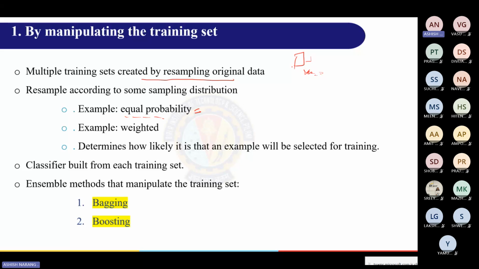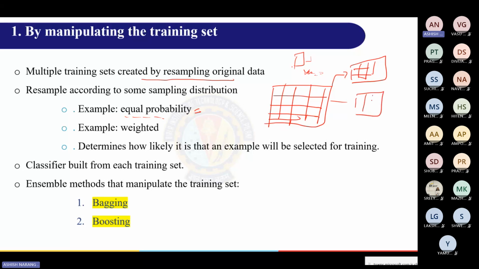So basically, at a broader level, I have been given some data set. This is my data set. I might sample it for one classifier, then another sampling for another classifier, and then a third sampling and a fourth and so on.